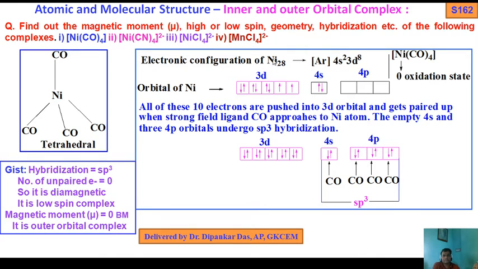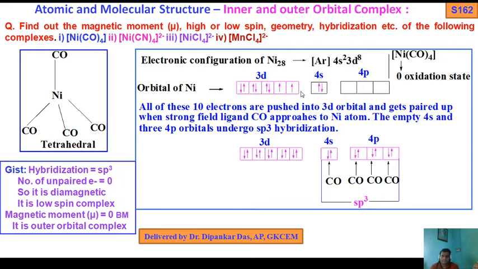Nickel atomic number 28, so it is argon, which means 18, 4s2 is 20, and 3d8, 28. So argon 4s2 3d8. Since it is in 0 oxidation state, there is no question of loss of electrons. So 4s2 3d8: 1, 2, 3, 4, 5, 6, 7, 8. This is the 3d8 and 4s2.